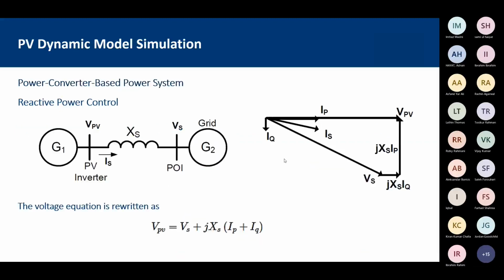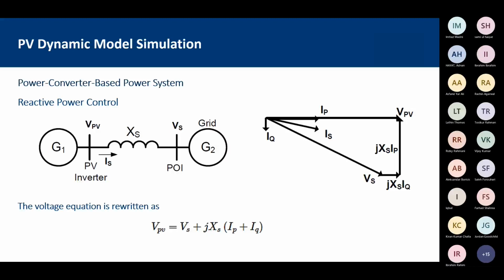So a power converter based power system, as I said, is a little bit different from the conventional power source. In this case, the real power output can be increased in many different ways, not just by controlling the generator, like a synchronous generator in a conventional power source.